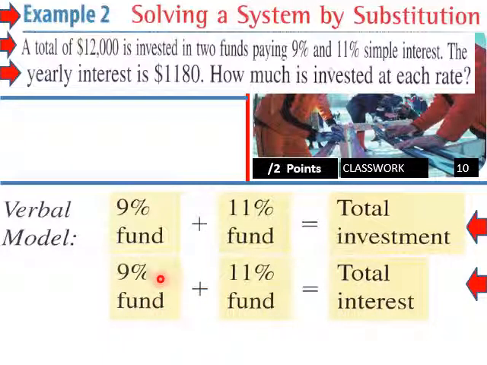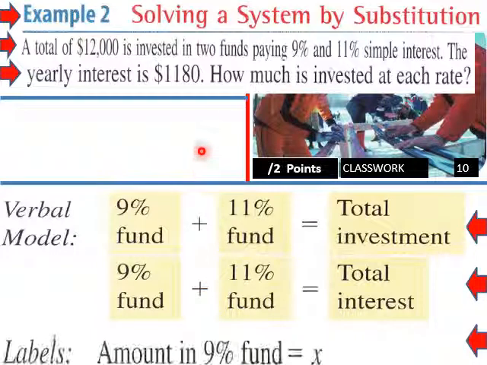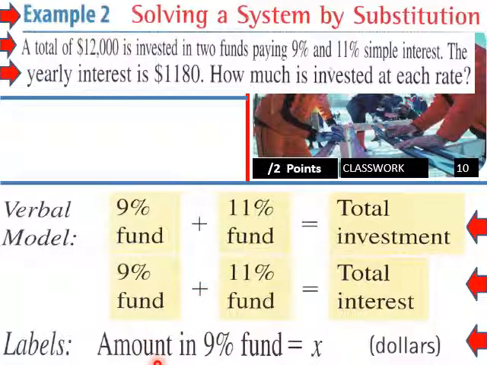So our 9% fund plus 11% fund equals our total interest here. We know what our total interest is here. We know our interest rates, and we have a total here of $12,000. So the amount in 9% fund equals x dollars. So we're going to make that.